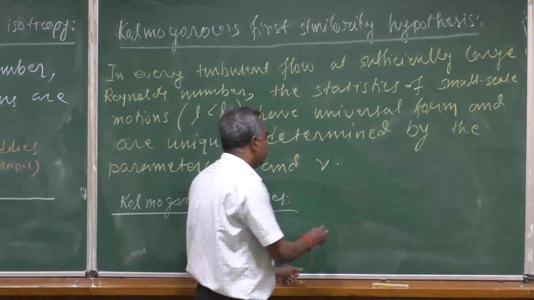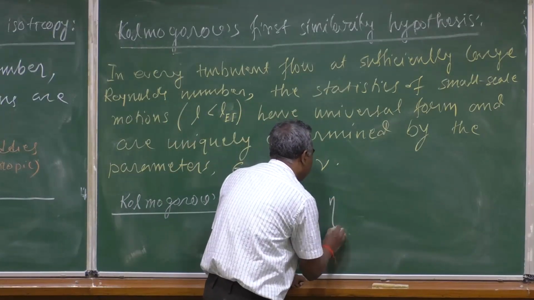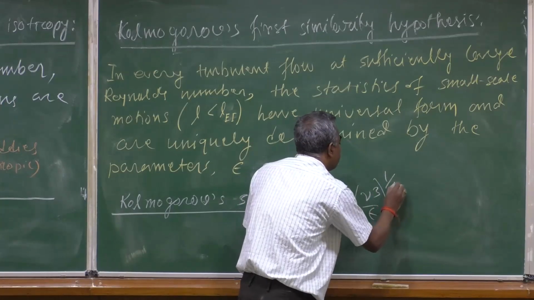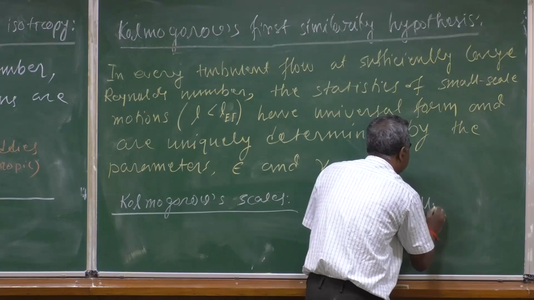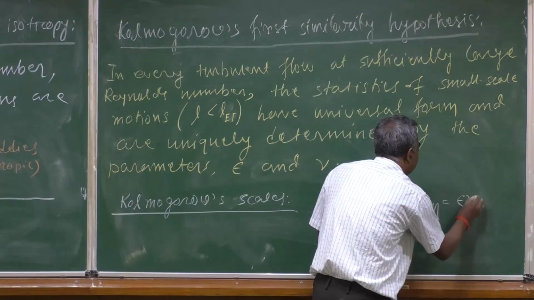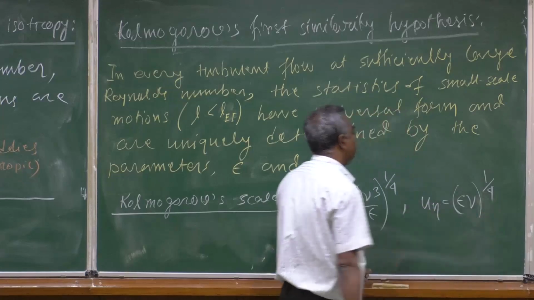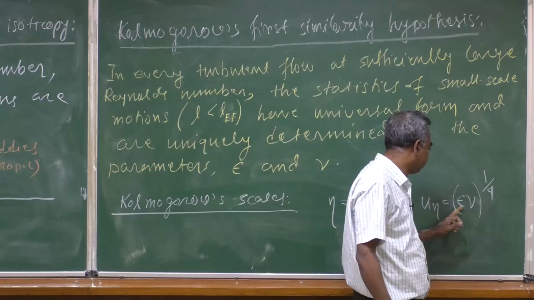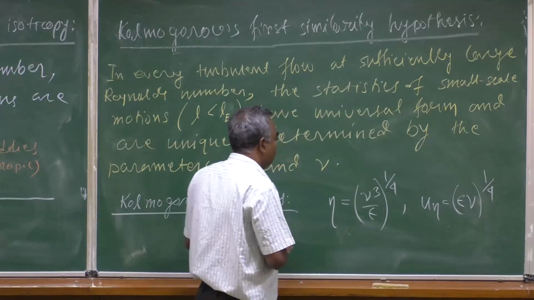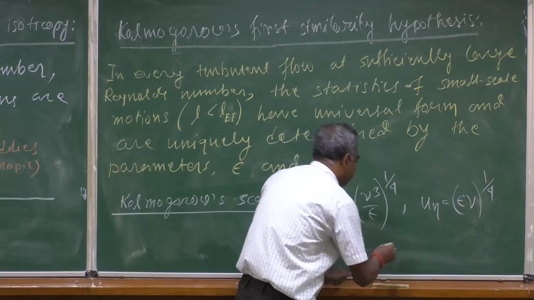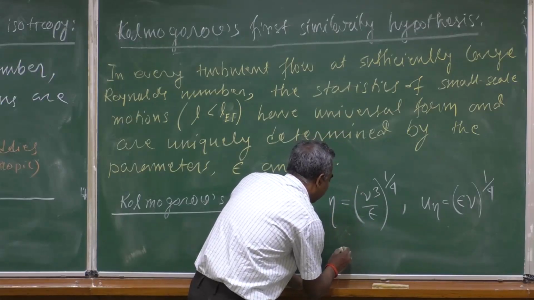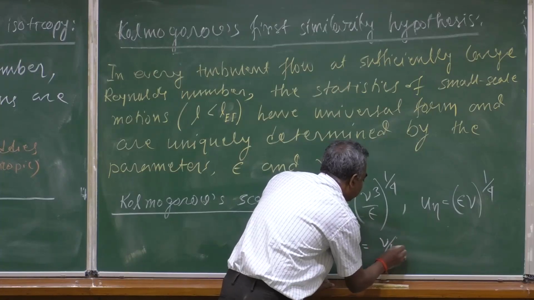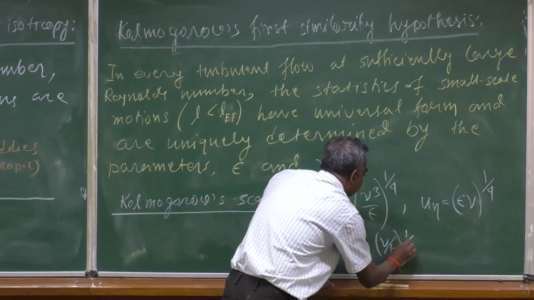So, the Kolmogorov length scale is eta equals nu cube by epsilon to the power 1 by 4, and velocity scale u eta is equal to epsilon nu to the power 1 by 4, okay. And your time scale tau eta is nu by epsilon to the power half, okay.